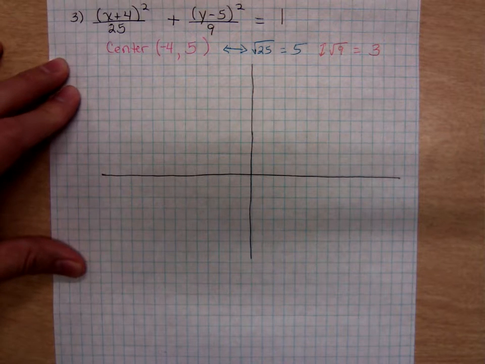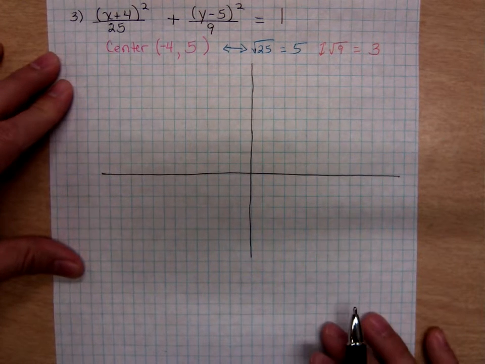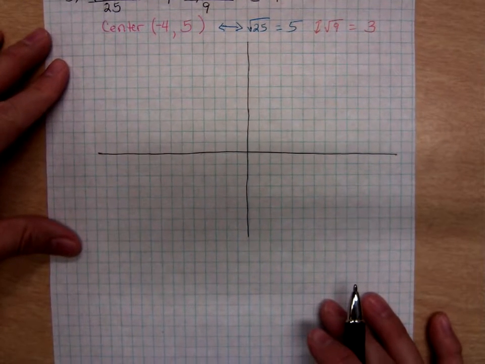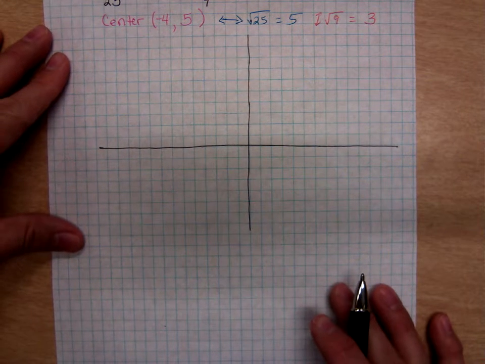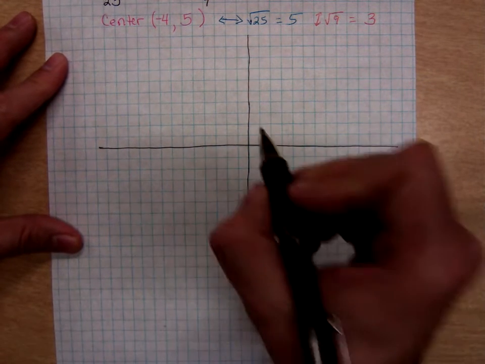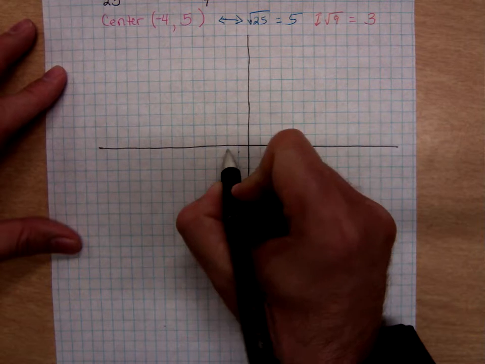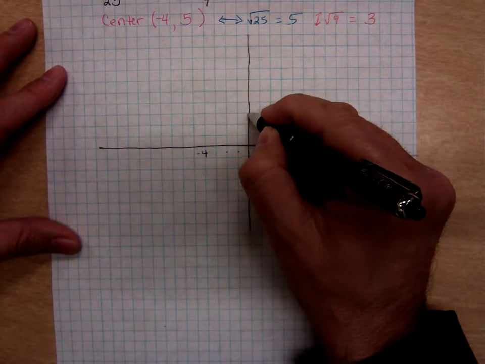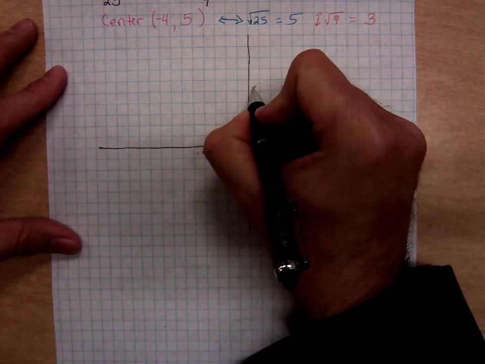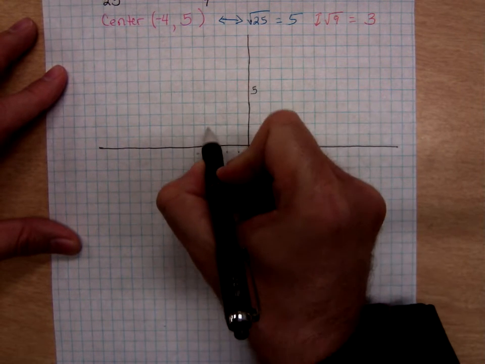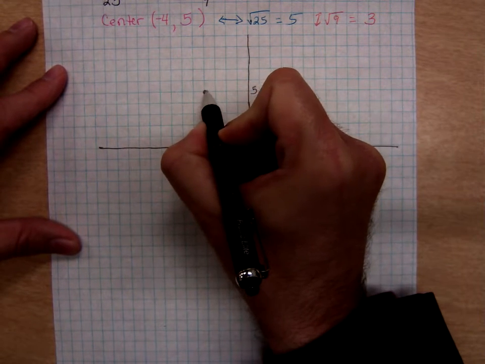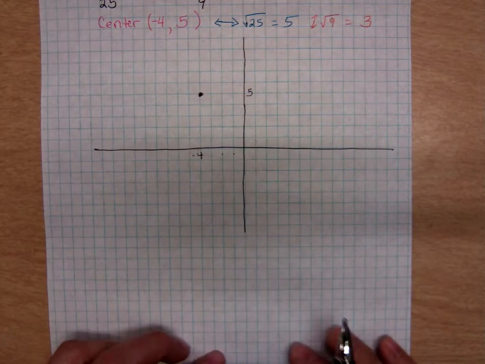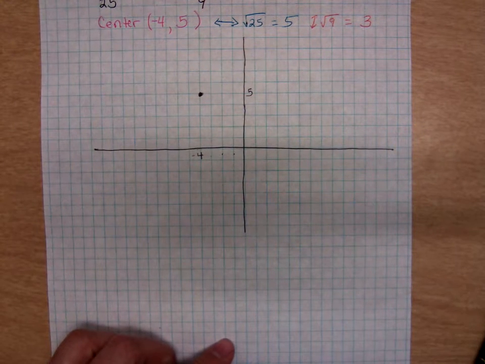Okay, I'm going to plot the center, left 4, up 5. 1, 2. So left 4, up 5. Is that right out there, the center, left 4, up 5? Yeah.